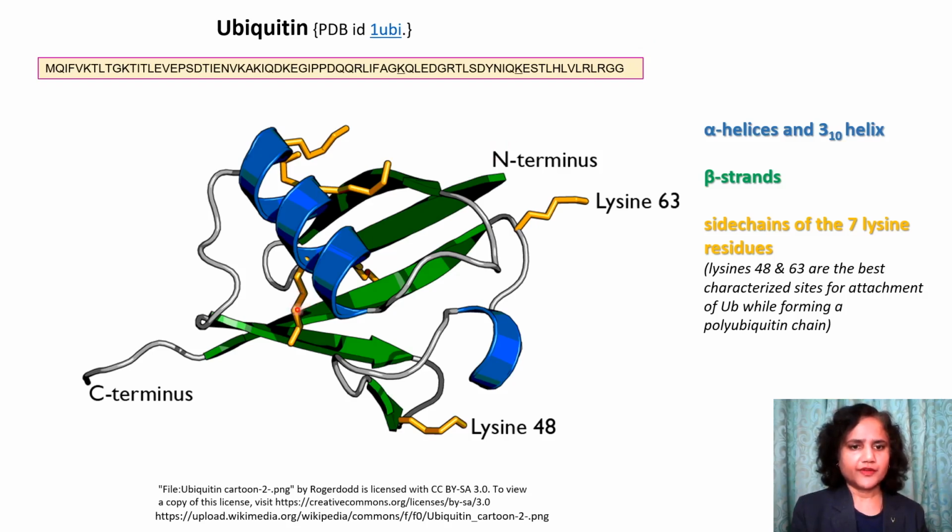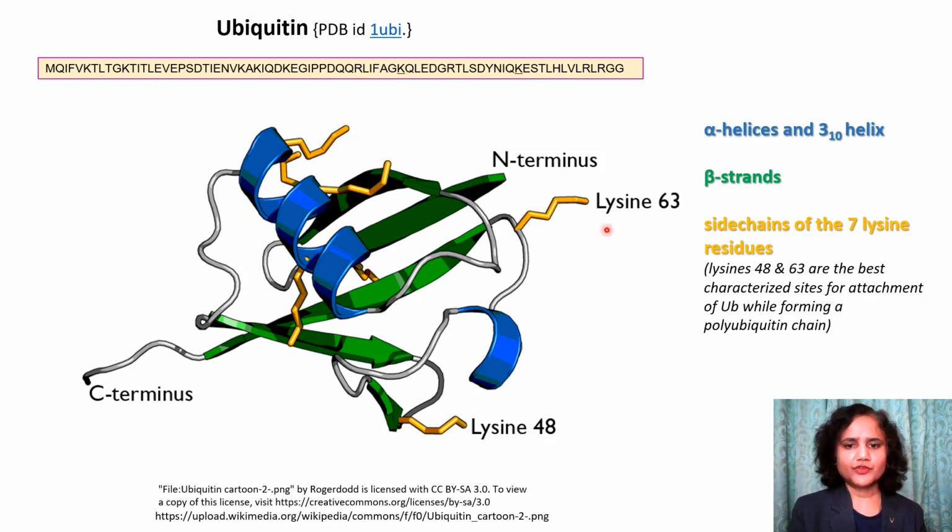The different lysine side chains are shown here. So this is actually the sequence of one of the ubiquitins that I got from PDB. And you can see the diglycine motif at the C terminus, which would be here in the structure. And there are 7 lysine residues in this sequence, which are shown here as yellow sticks, the side chains.